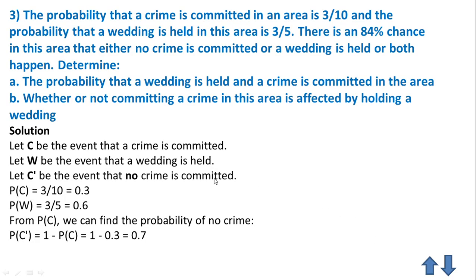What we want is the probability that a wedding is held and a crime is committed. Now, for this particular case, we have a wedding held and no crime committed as 0.46. When you look at this complement, it means not committing a crime.